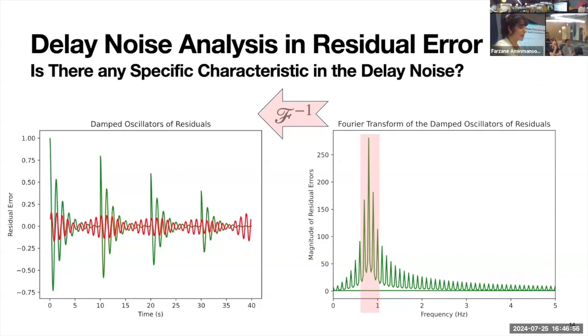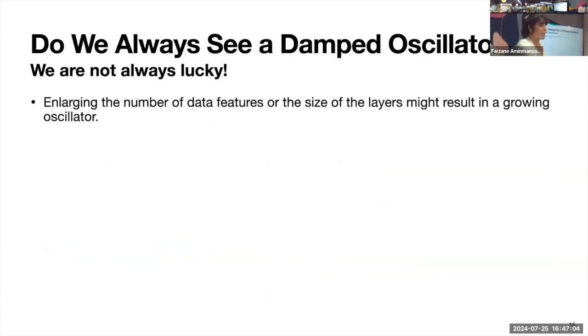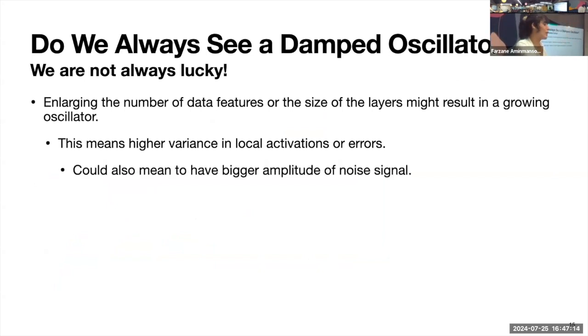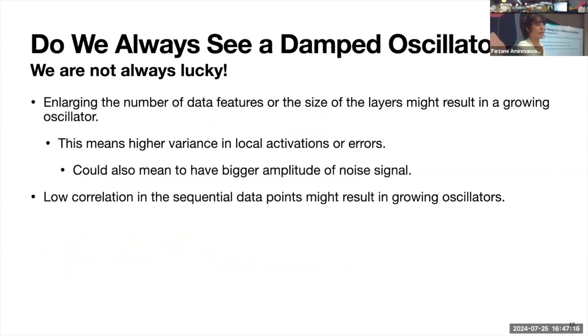I don't know yet. You should even criticize me right now, because maybe I was lucky to be seeing this damped oscillator. Maybe if I enlarge the number of features in the data, or the length of the layers, I don't see the damped oscillator anymore. Maybe I get a diverging signal.